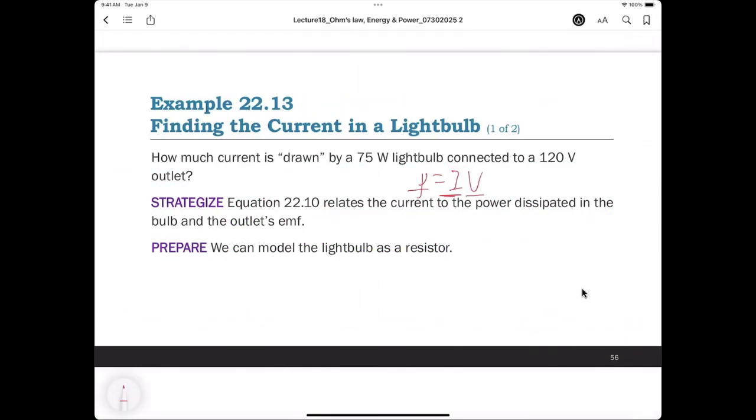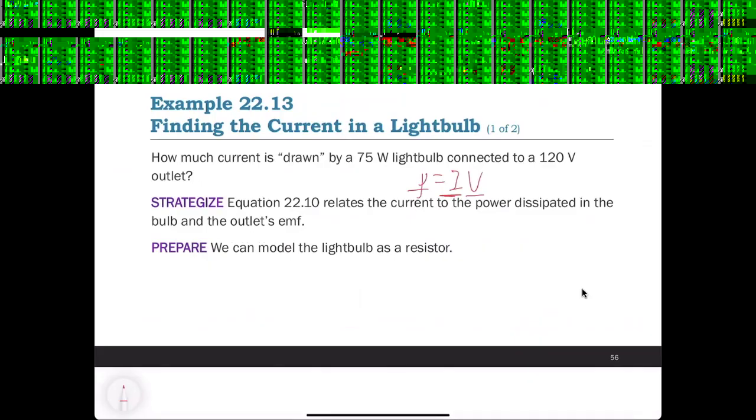Does that make sense to you? Equation 20.10 relates the current to the power dissipated in the bulb and the outlet's EMF. We can model the light bulb as a resistor, and because the light bulb is operating as intended, it will dissipate 75 watts of power.